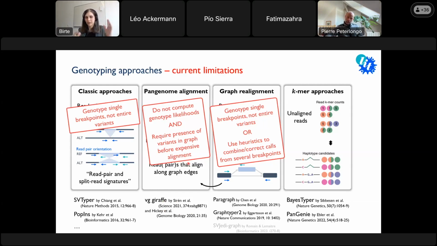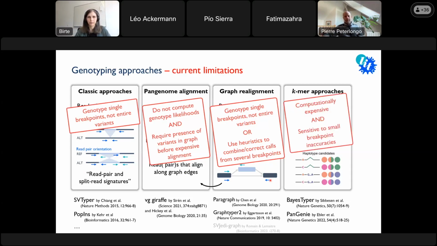So if someone comes to you and says, I have found this new variant here, can you genotype it in our 300 genomes that we have on our server and tell me what the frequency of it is? And you have alignments to a pangenome graph, but this variant is not in the pangenome graph, then this method simply does not work. Then you have to go back to these other methods again.